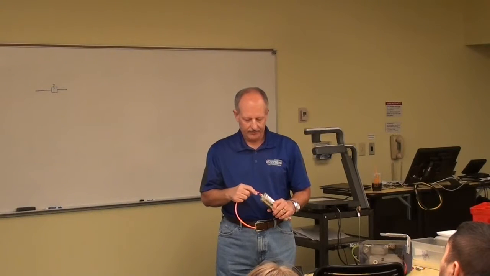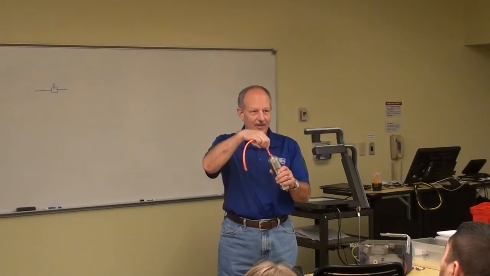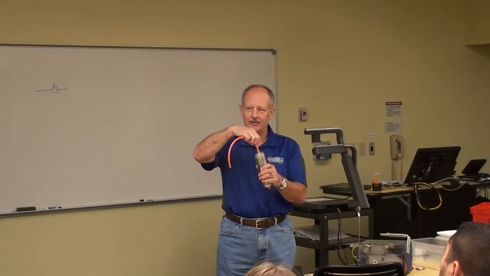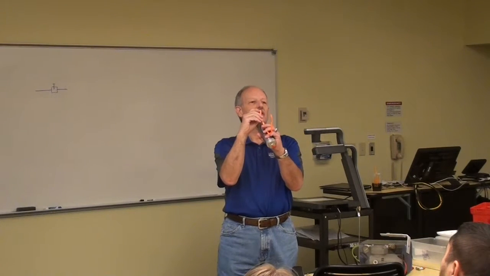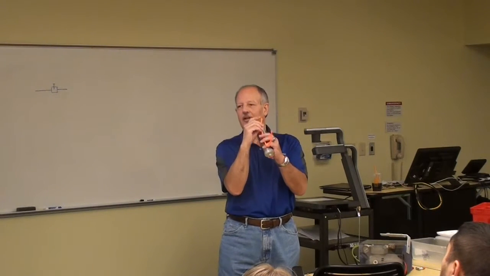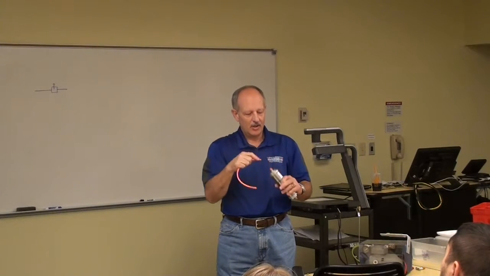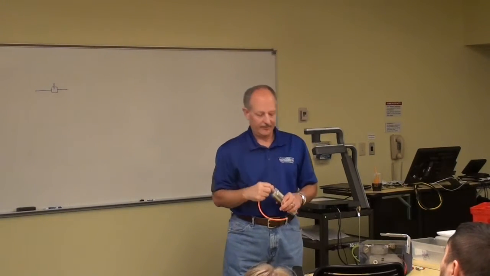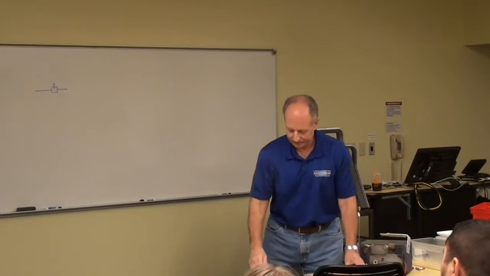And they work great when the tubing is sized properly for the fitting. If not, you will get air leaks all the time. The other thing too is, cut the end of the tubing dead square. If it's cut at a bias and you push it in there, it's going to leak. So just be aware of that.